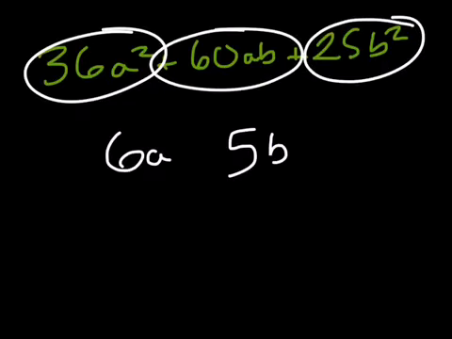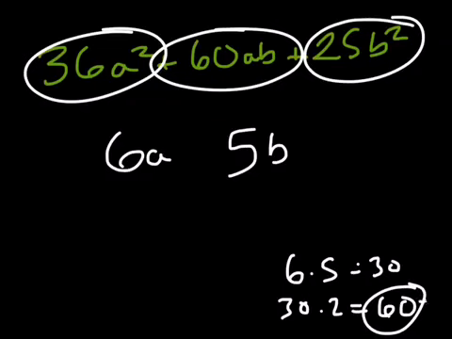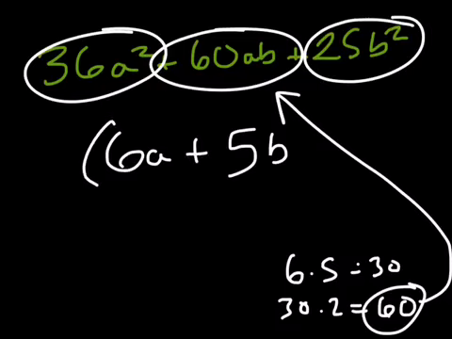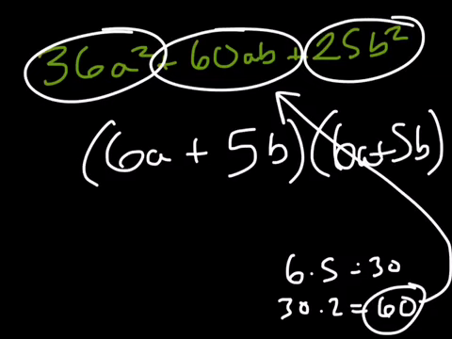Next thing we need to do is check the middle term. 6 times 5 is 30, and 30 times 2 is 60. So this does check out. It is the product of perfect squares. So we have 6a plus 5b and 6a plus 5b.